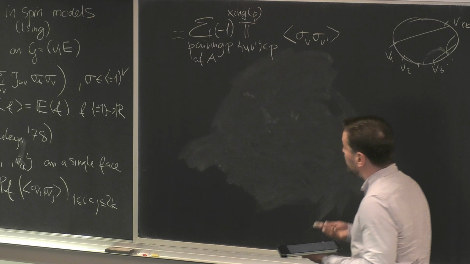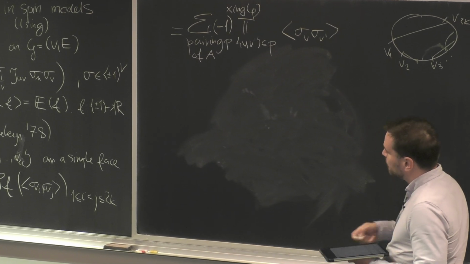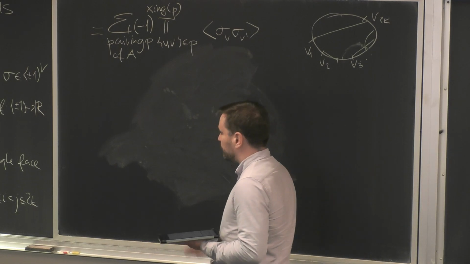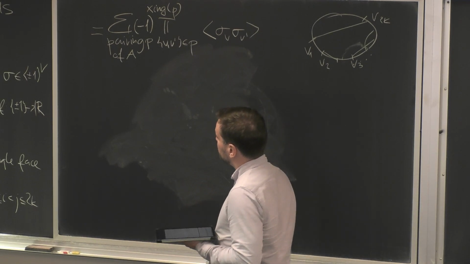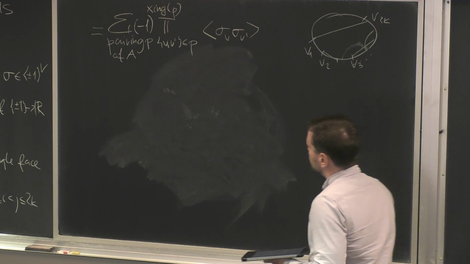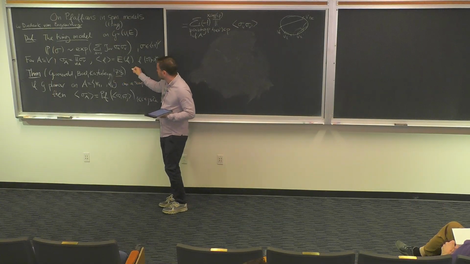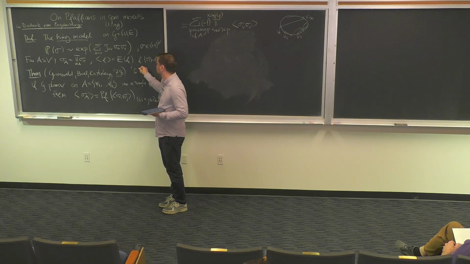So these tools are not available for general spin systems. So I will present today a proof which works in some sense for general spin systems. So actually this is 78, but if you think about it, there is a solution of the Ising model from 66 by Fisher.